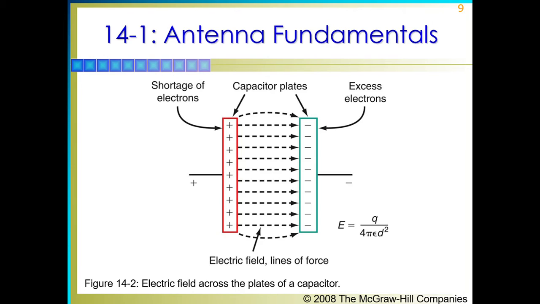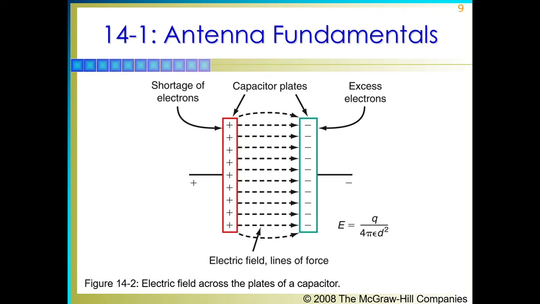A common example in electronics is the electric field produced between the plates of a charged capacitor, which is shown in the figure. An electric field exists between any two points across which a potential difference exists. The strength of an electric field E is expressed by E equals Q over 4 pi epsilon d squared, where Q is the charge between the two points with the unit coulombs, epsilon equals permittivity, and d equals distance between conductors with the unit meters.